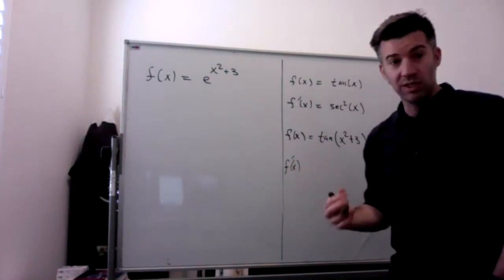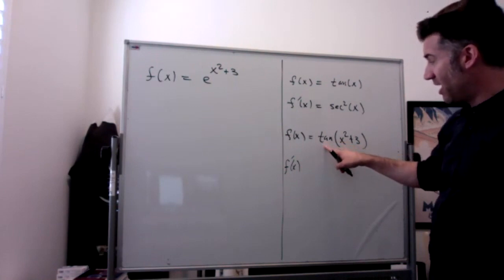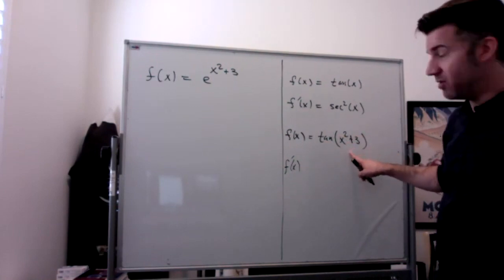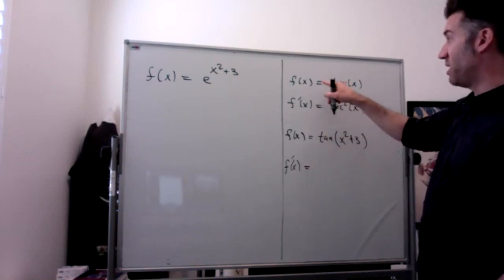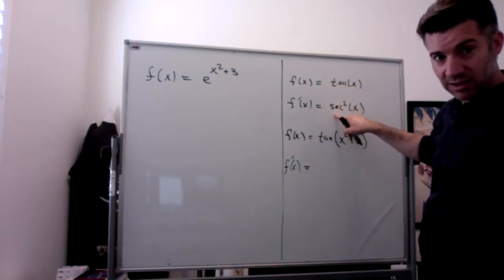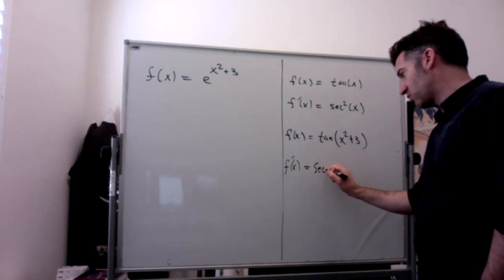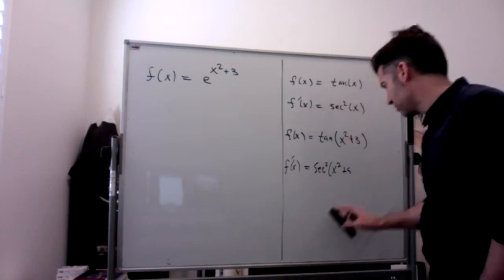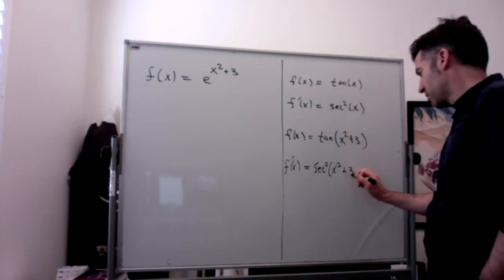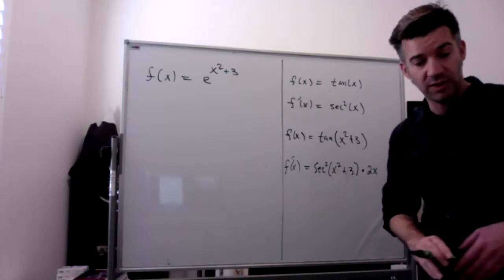well, here's how I usually say it. I usually think of this as a function that is tangent of some stuff. I know the derivative of tangent of x is secant squared of x. So the derivative of tangent of some stuff is secant squared of your stuff times the derivative of the stuff.